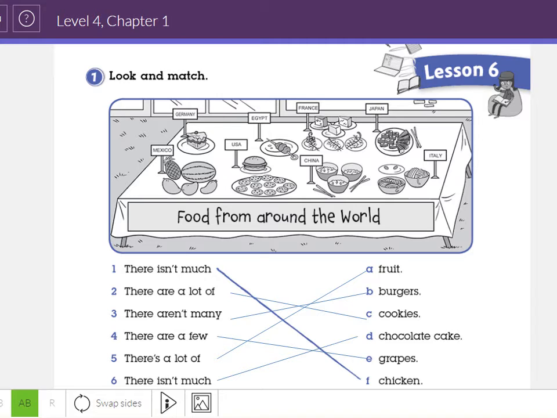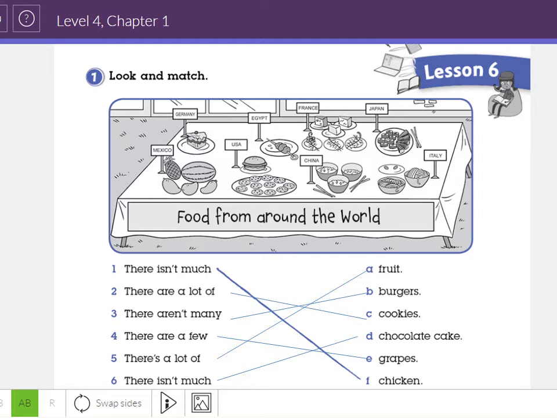Number 1, there isn't much blank. So the picture is there isn't much chicken. Chicken is an uncountable noun. And then number 2, there are a lot of blank.